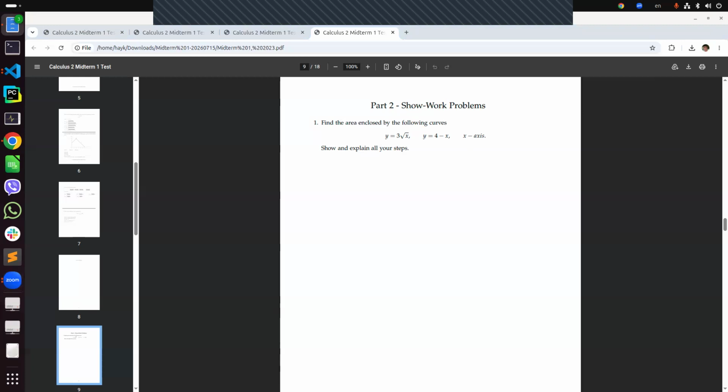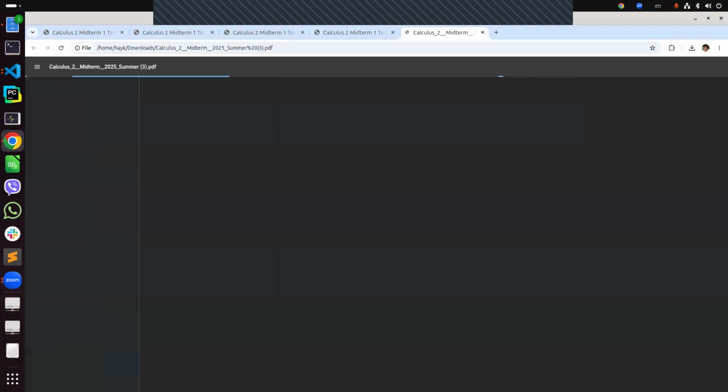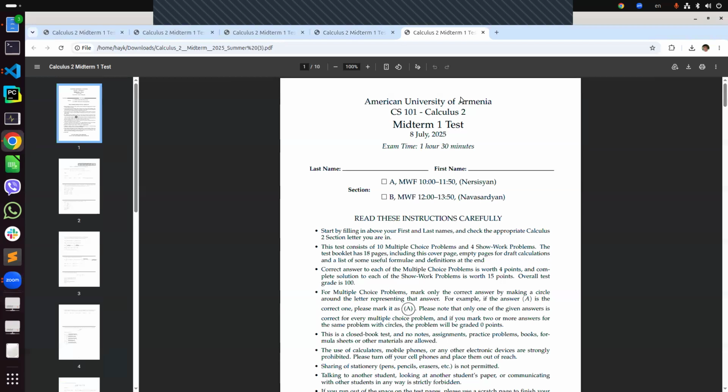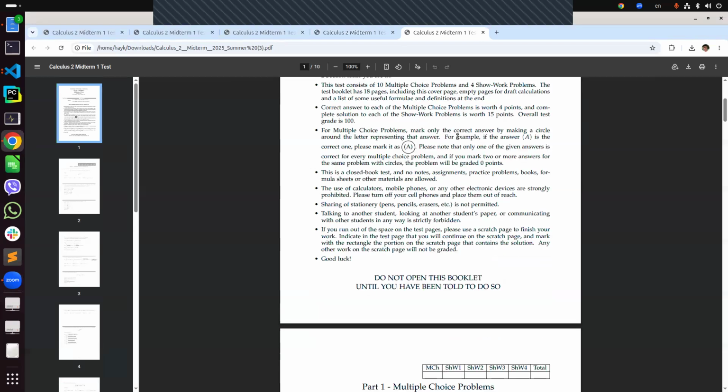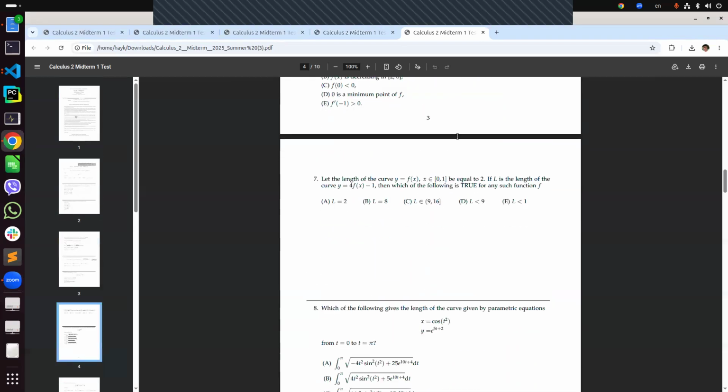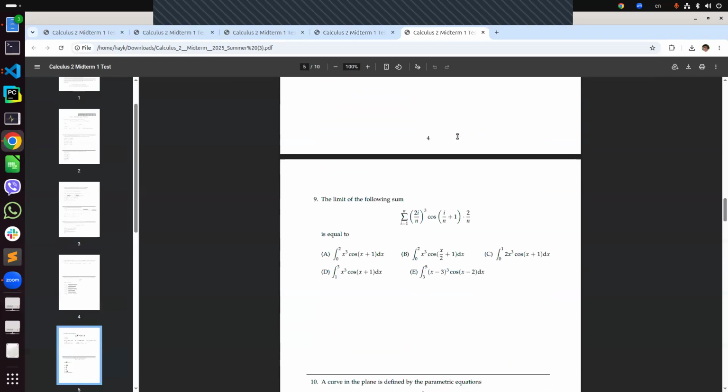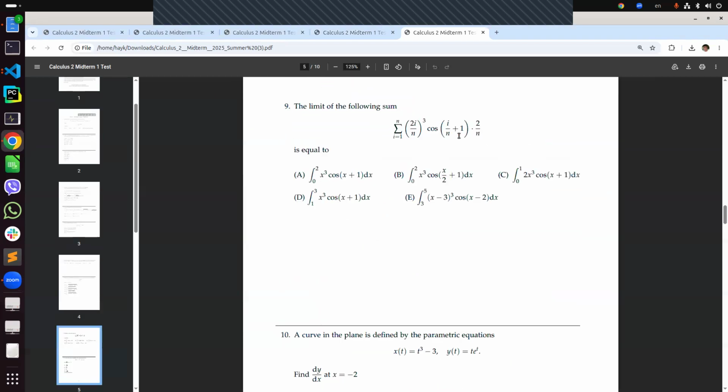If there is no further question, maybe we can continue solving a test that we started today during the class, which was the midterm from last summer, where I think we are here.